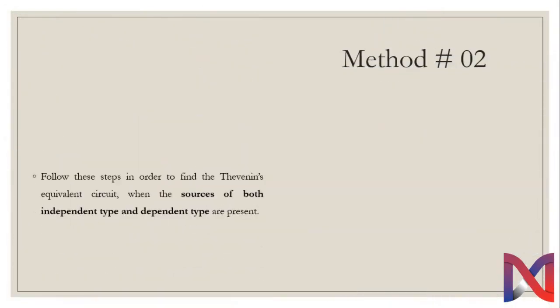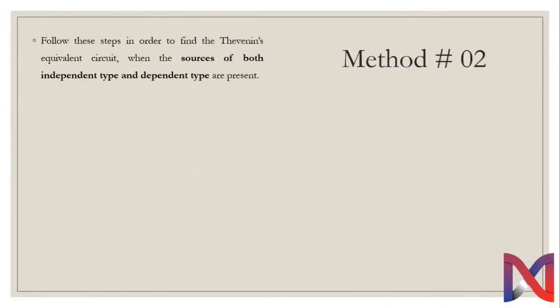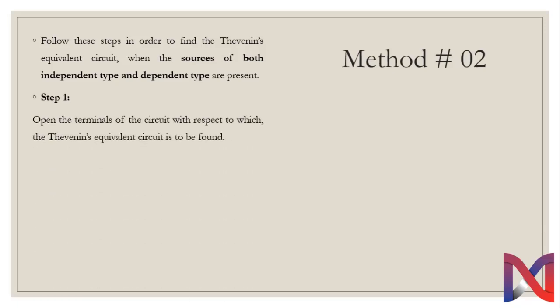There is a second method. Here are the steps to follow in order to find Thevenin's equivalent circuit when the sources of both independent type and dependent type are present. Step 1 is to open the terminals of the circuit with respect to which the Thevenin's equivalent circuit is to be found.